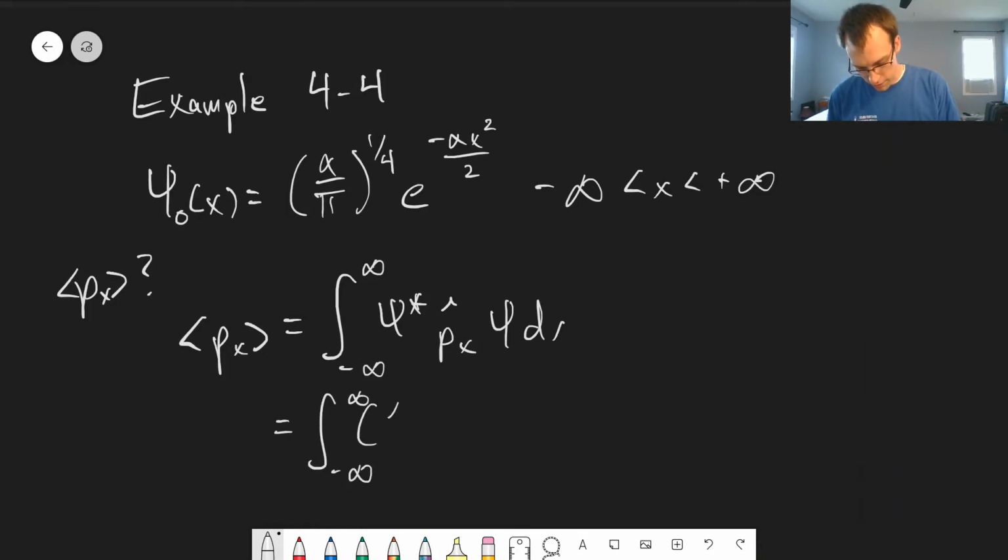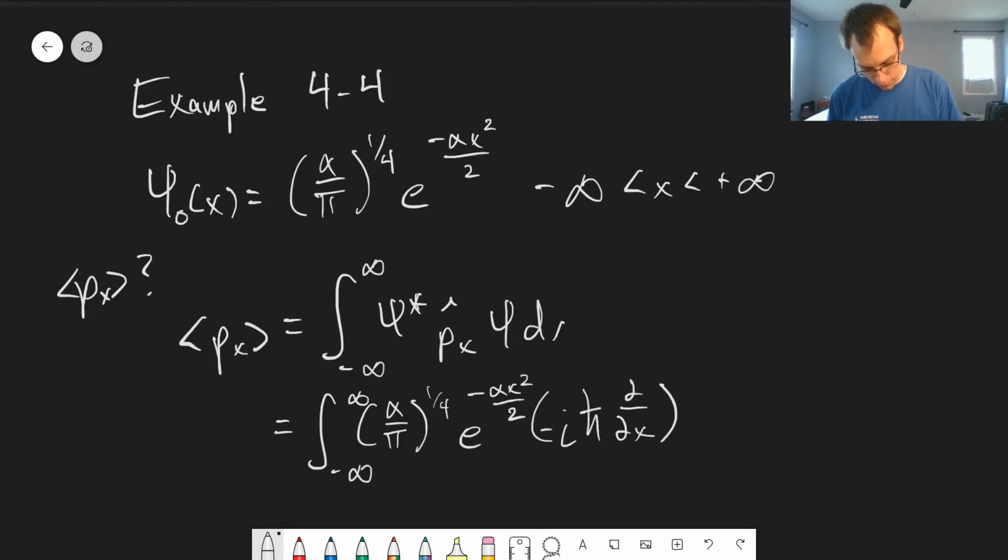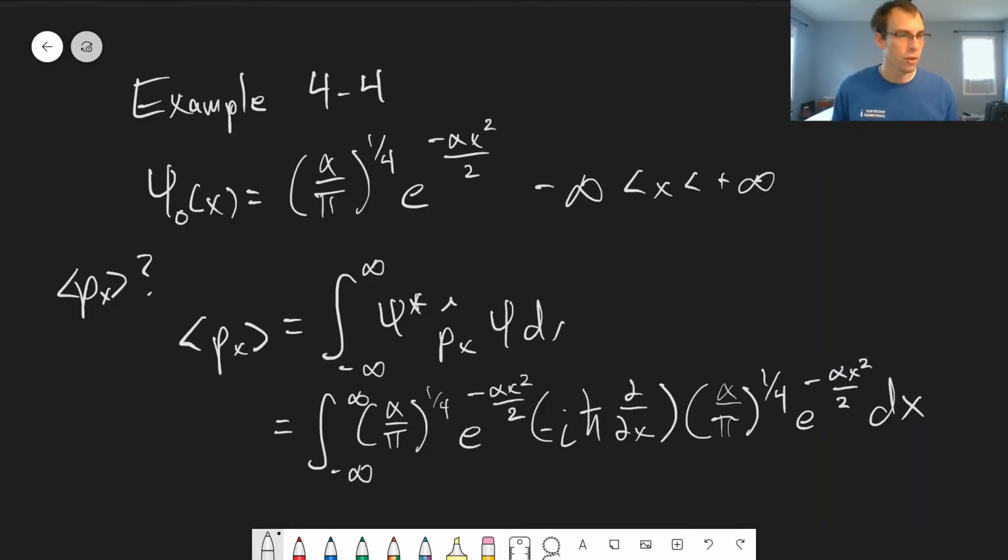So we have (alpha over pi) to the 1/4 e to the minus alpha x squared over 2, times negative i h bar derivative with respect to x, of (alpha over pi) to the 1/4 e to the minus alpha x squared over 2, dx. Okay, and so this is the problem that we need to solve.